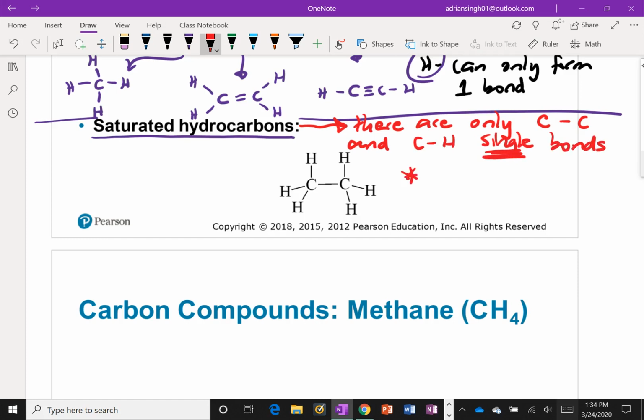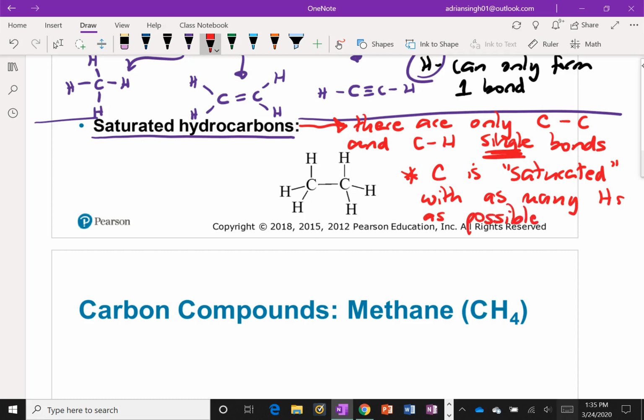In other words, you can think of it as the carbon being saturated with as many hydrogens as possible. In terms of the structure, we're just going to see carbon-carbon single bonds and carbon-hydrogen single bonds as well. Those are saturated hydrocarbons. There's another term that we give to these. These are also called alkanes, and we'll see this term again in a second.